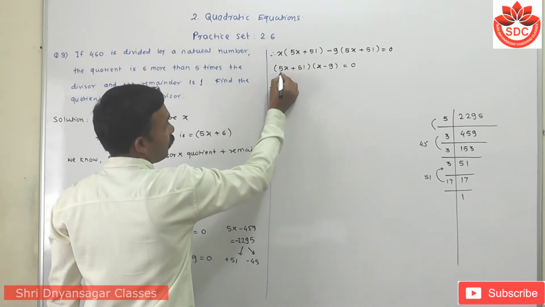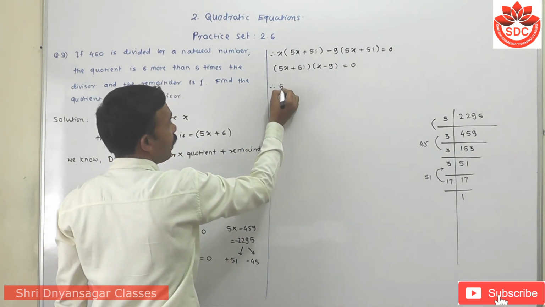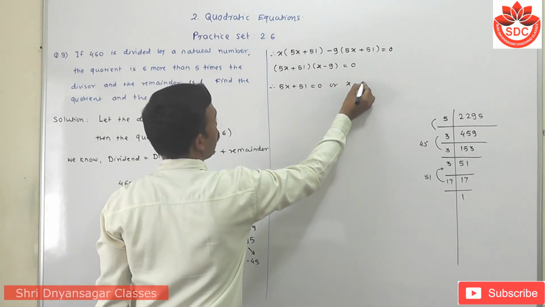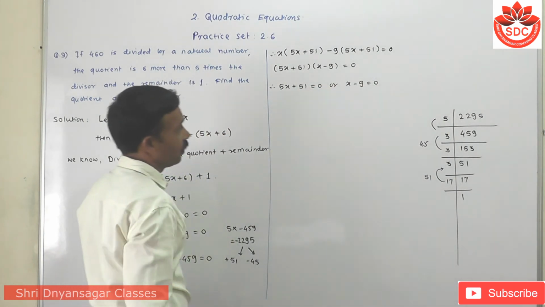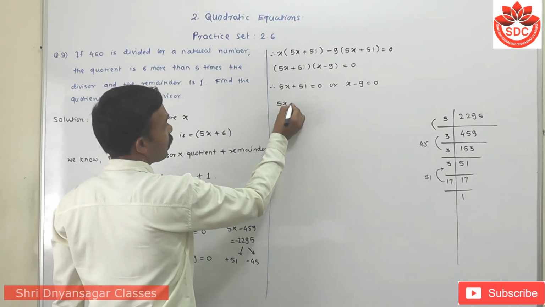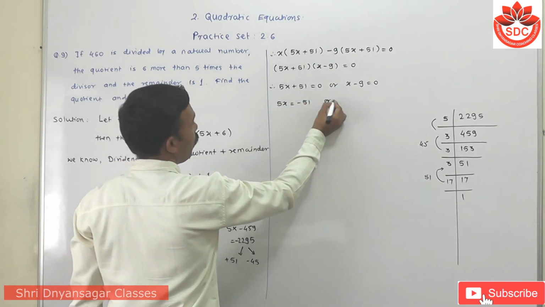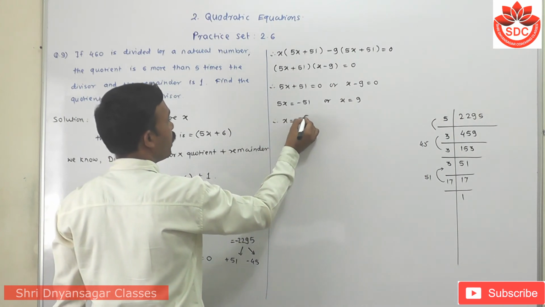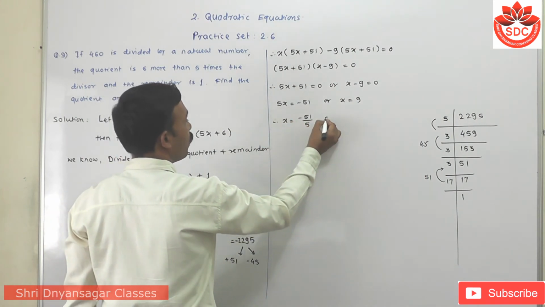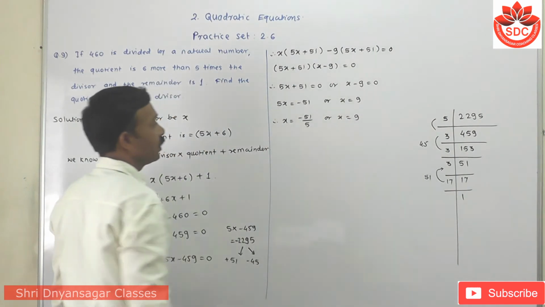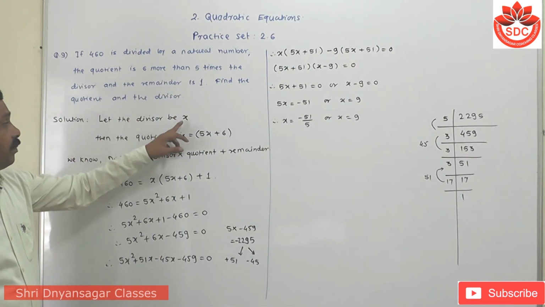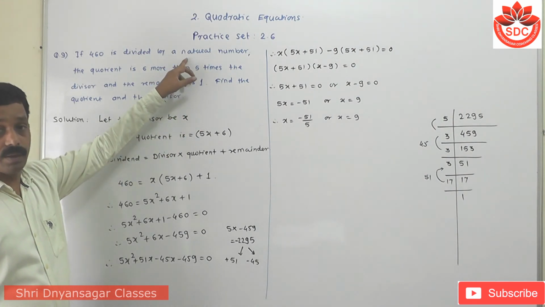This means if the product of two terms is 0, then at least one of them must be 0: 5x plus 51 is equal to 0, or x minus 9 is equal to 0. So 5x is equal to minus 51, or x is equal to 9. Therefore x is equal to minus 51 upon 5, or x is equal to 9. Student, here the divisor is x and it is a natural number.